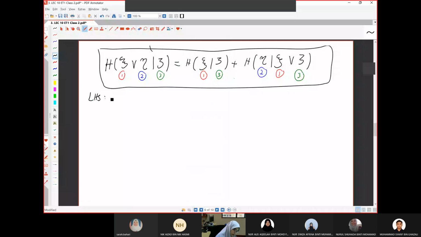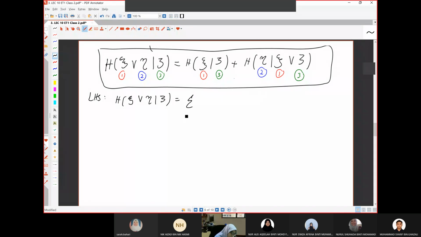I have the entropy of psi joined with the second, which is eta, given that zeta. This is equal to, so again, this is the entropy of the partition with respect to partition. So you have to use the third formula, which is taking the average.